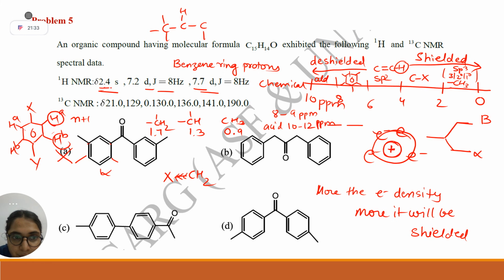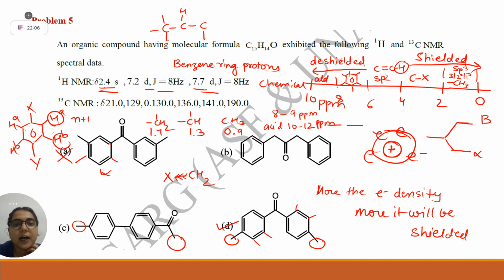They are saying 2.4 singlet, but this proton will have a different chemical shift, and this will have a different chemical shift. With me? Yes or no? Option D, right? Exactly. Option D is correct. Why? Because these carbons are symmetrical. If you see, these are having 2.4 singlet, right? And these are having that doublet.